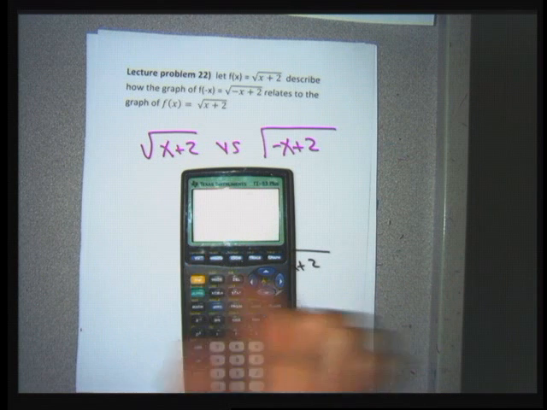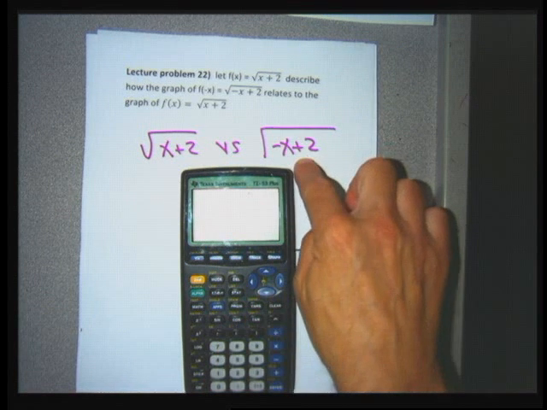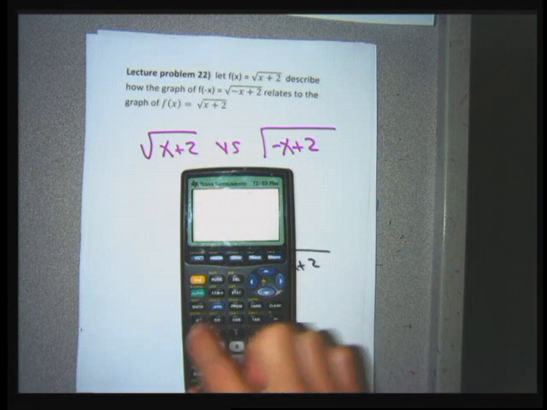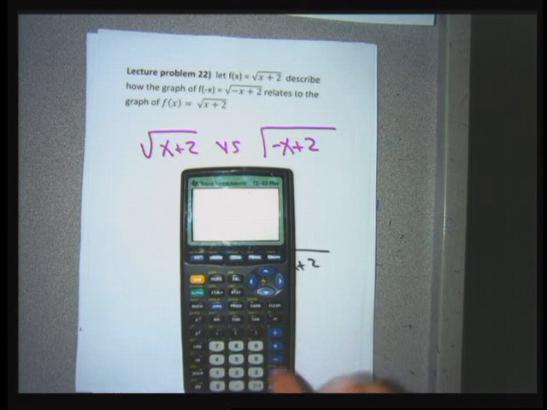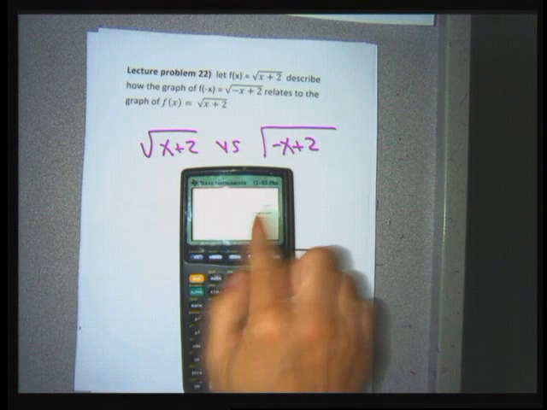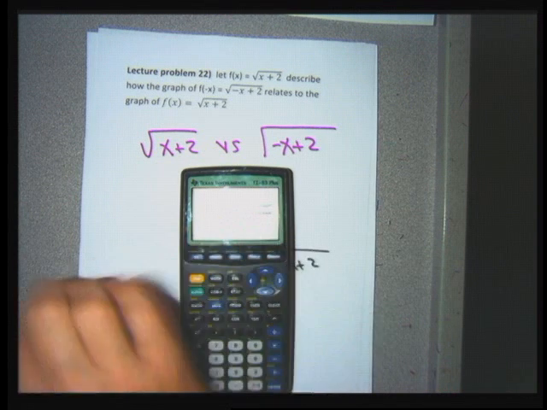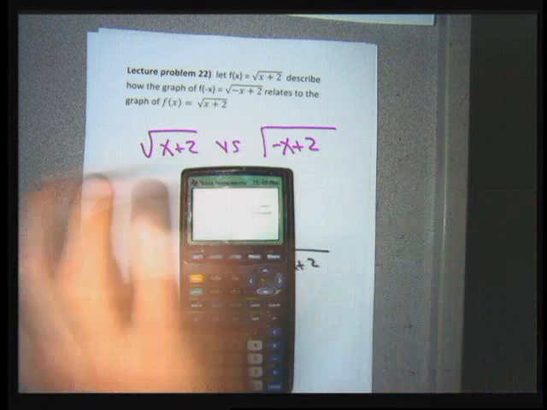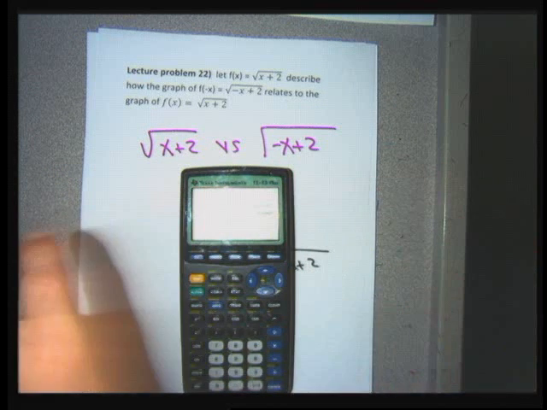Now if I hit y equals and change the x to a negative x, watch what happens. It takes the graph and flips it over the y-axis. It takes this whole graph and turns it over, so it goes in the opposite direction.